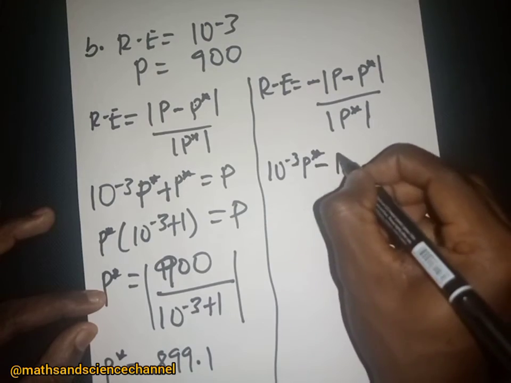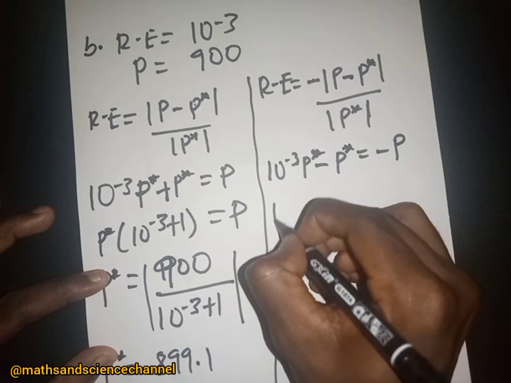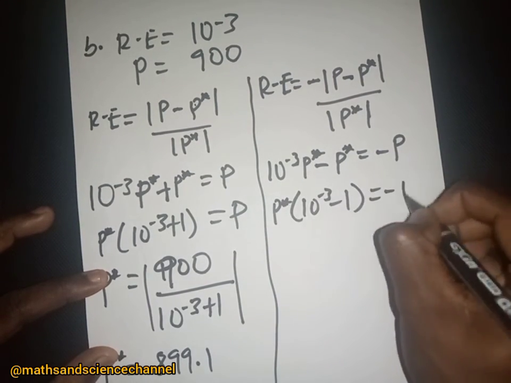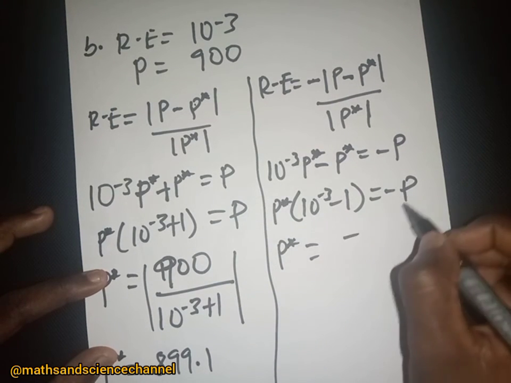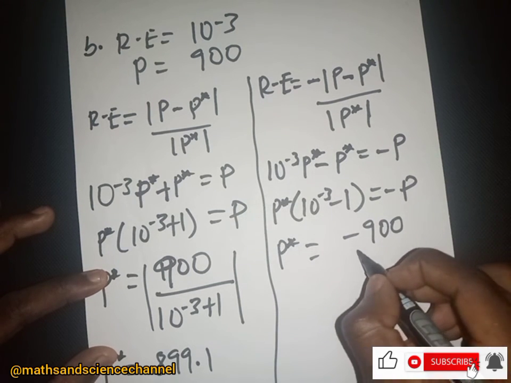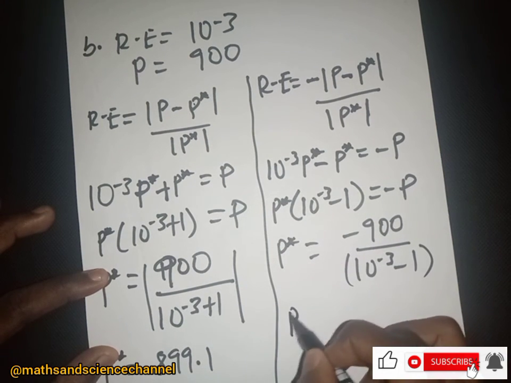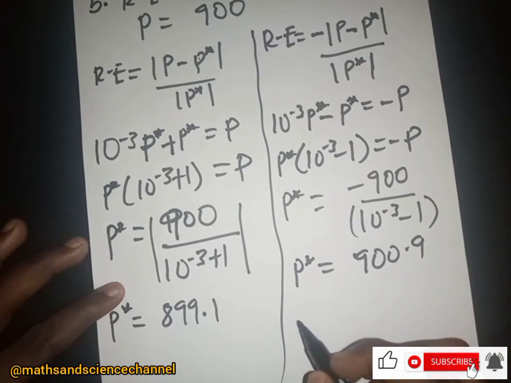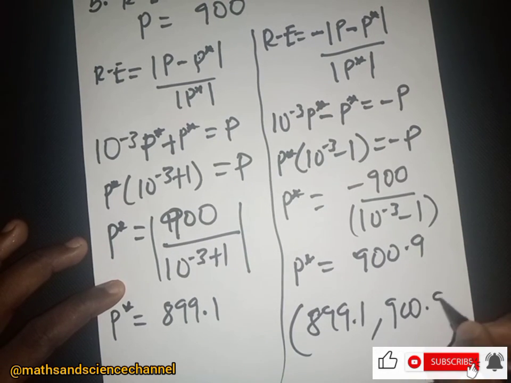When it crosses, it becomes negative P star equal to negative P. Then we factorize it out, so P star is equal to negative P, which is 900, divided by 10 to the power minus 3 minus 1, and therefore P star will be equal to 900.9. So we have 899.1 here and 900.9 here.